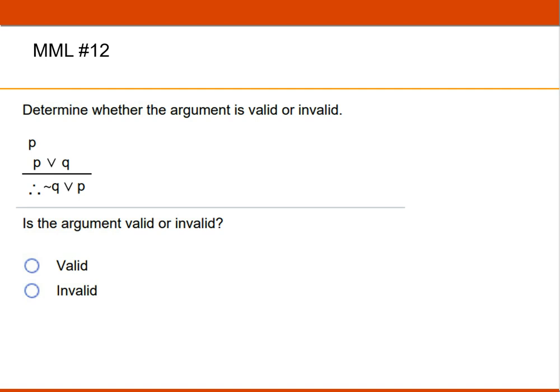All right, on this one, when you go and look at the handout, there isn't anything that matches this one. So you're going to have to do a truth table. And on this one, I have to set it up. Okay, so we've got, let me see how I want to do this.